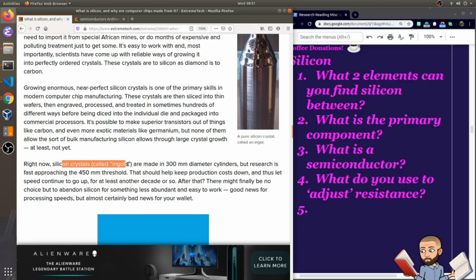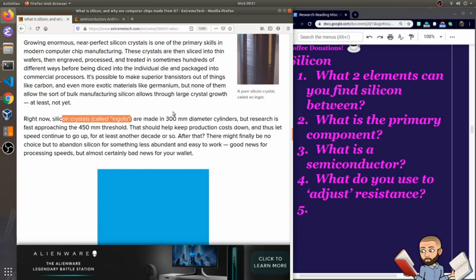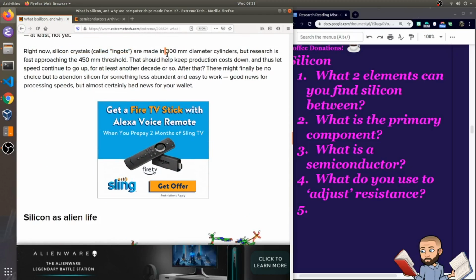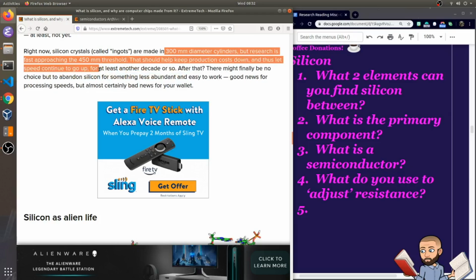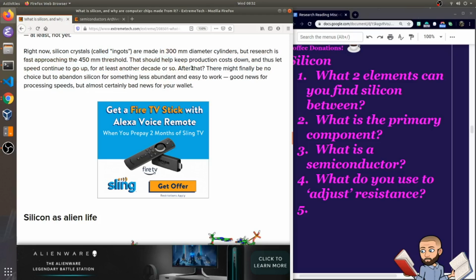These crystals are called ingots. Skyrim players will recognize that term, and are made in 300 millimeter diameter cylinders, but research is fast approaching the 450 millimeter threshold. And that should help keep production costs down and thus let speed continue to go up for at least another decade or so. Remember, this was written in 2015.